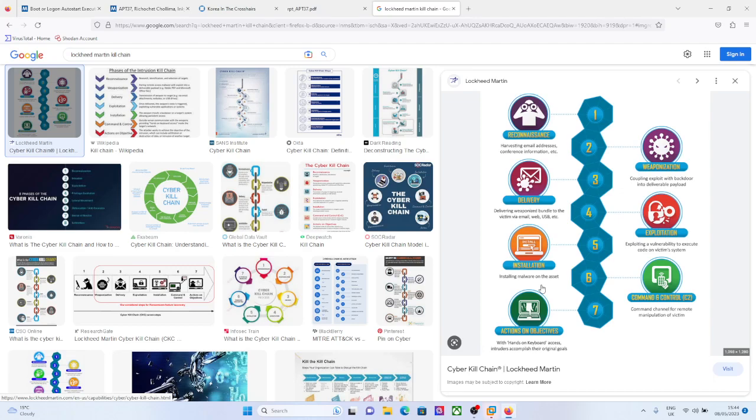and they try to be persistent and escalate their privileges, and then try to move laterally in the network, and then they create command and control traffic.